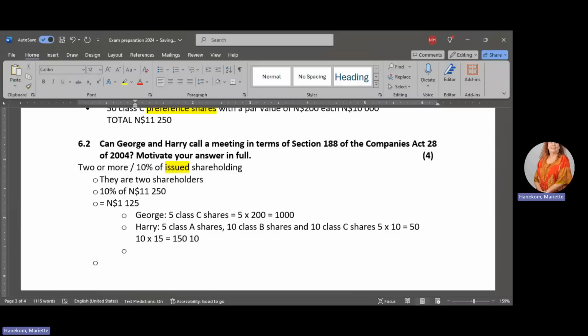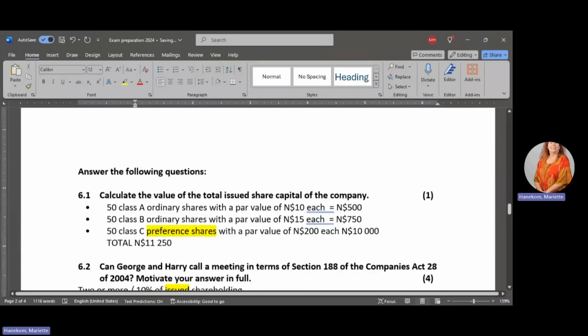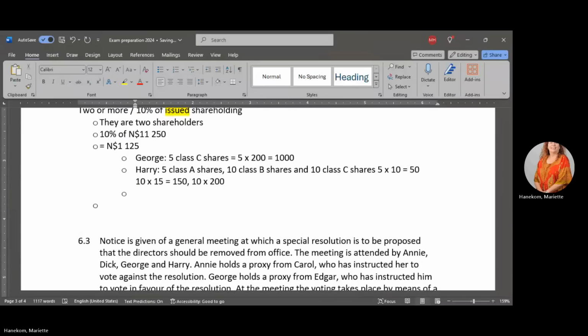and 10 times... okay, the way I'm typing it out here, it doesn't matter quite how you set it out. Probably easier to do them underneath each other than in a row like that, but that doesn't matter. 10 times what are your preference shares worth? 200. Equals 2,000. So you're adding up your total here.